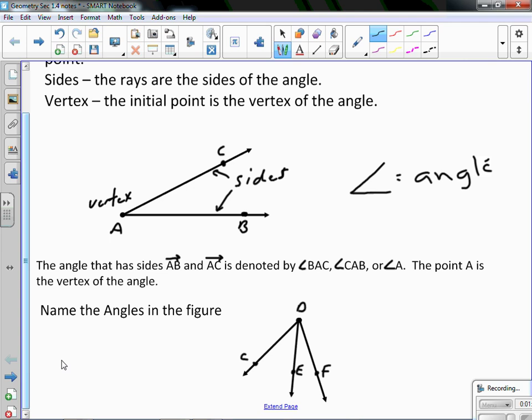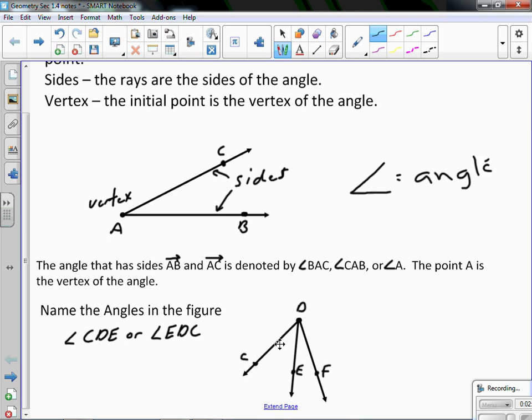So here we have this picture here, and we want to name the angles in that figure. And there are actually several different angles in that picture. So we have angle CDE, or that could be angle EDC, right?